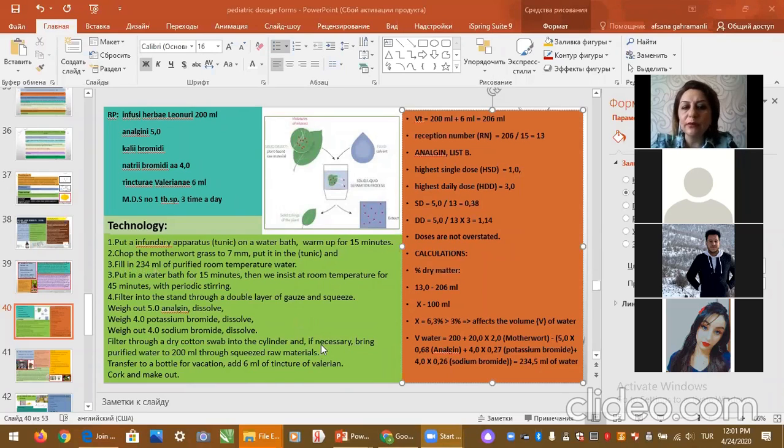Put in a water bath for 15 minutes, then we insist at room temperature for 45 minutes with periodic stirring. Filter through a double layer of gauze and squeeze. Weigh out 5 gram analgin, dissolve it. Weigh 4 gram potassium bromide, dissolve, because in our prescription is written analginum, kalium bromidum, and natrium bromidum.